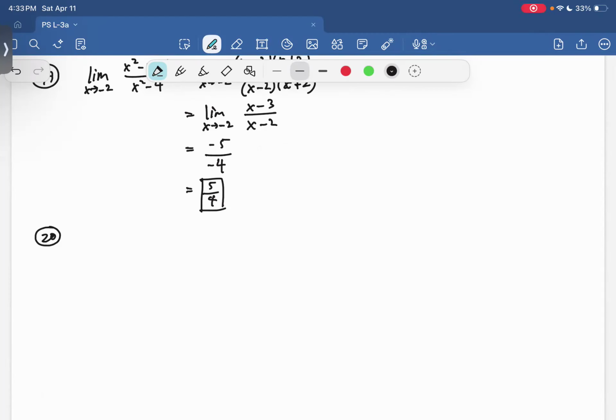20. So the limit as x is approaching 3 of x squared minus 2x minus 3 over x squared minus 4x plus 3. If we plug it in, we're going to get 0 over 0. So we should factor.